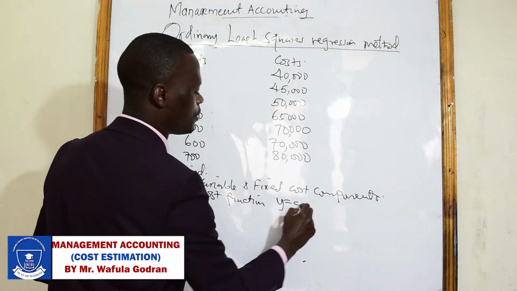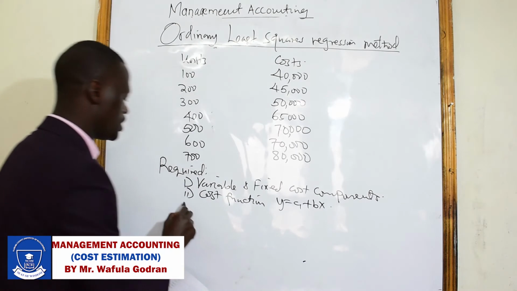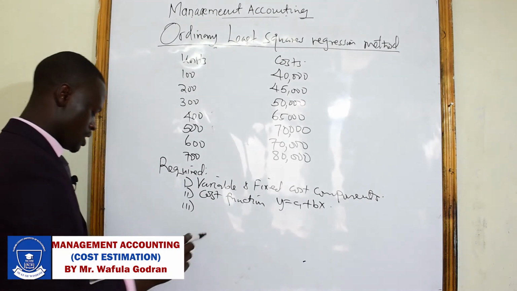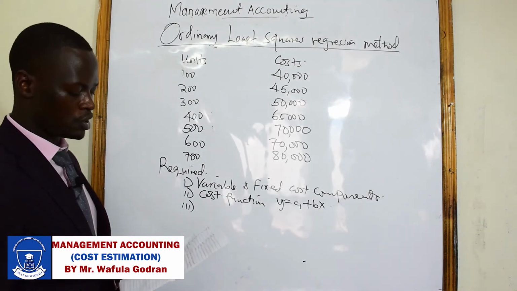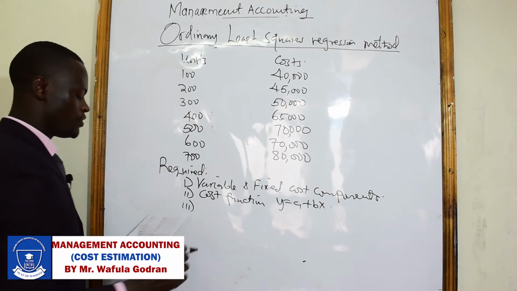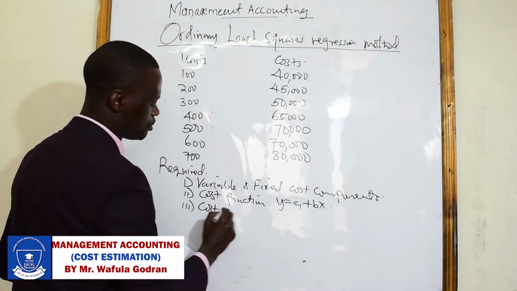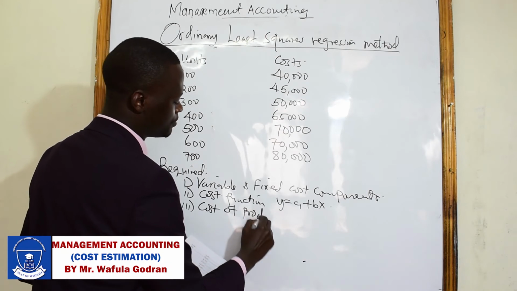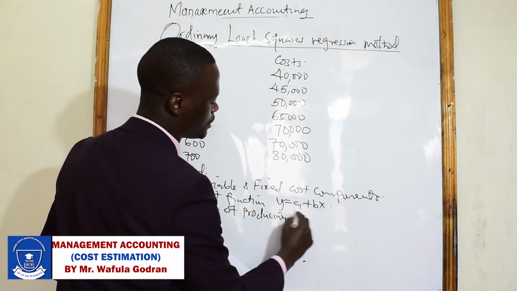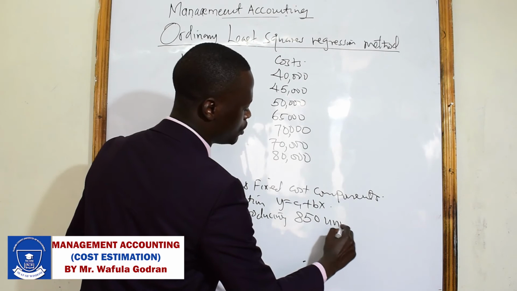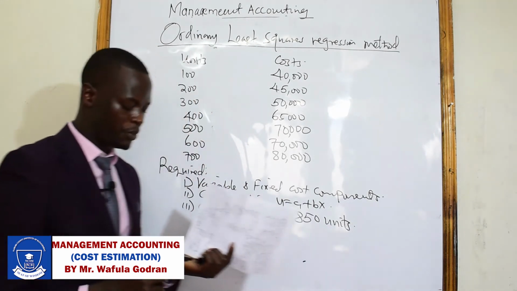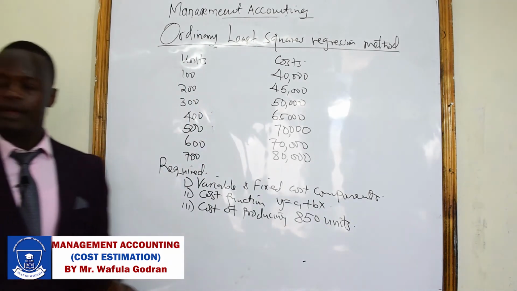Roman 3, what will be the cost of producing 850 units? So that is the example we have.